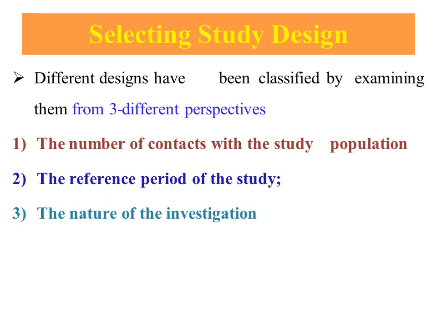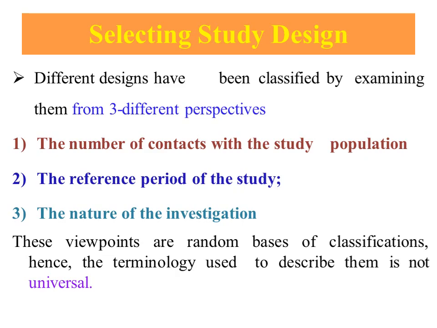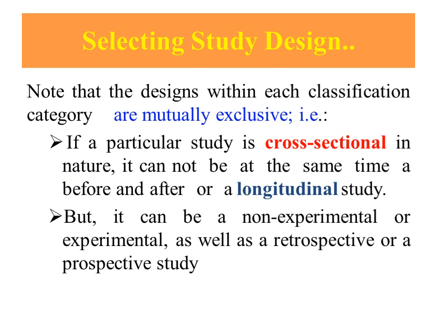Third, the nature of the investigation. These viewpoints are a random basis of classification, hence the terminology used to describe them is not universal. Note that the designs within each classification category are mutually exclusive.